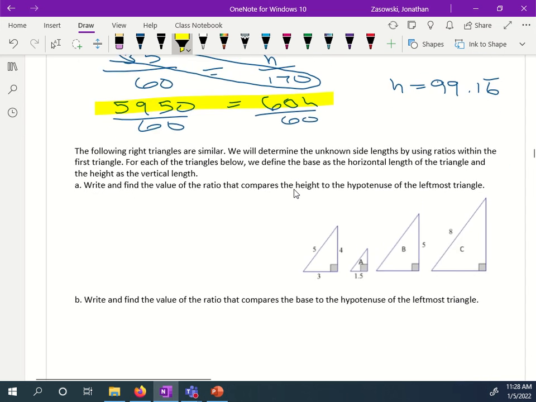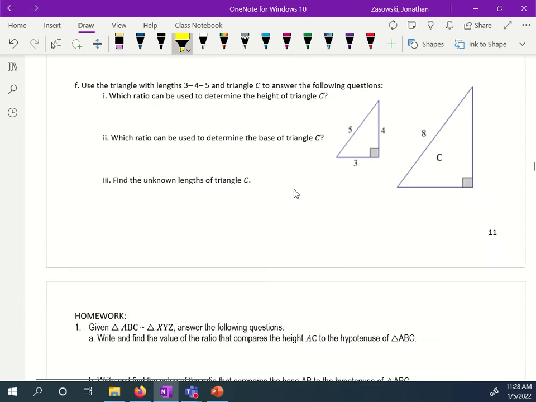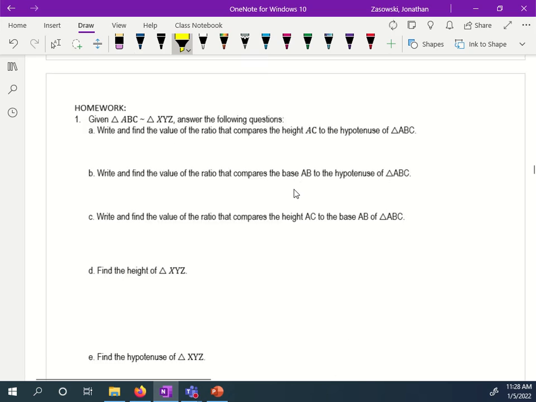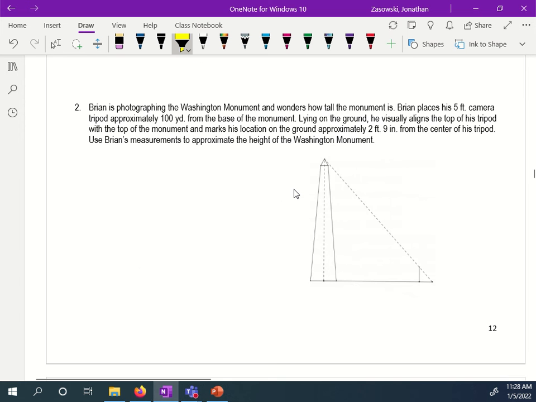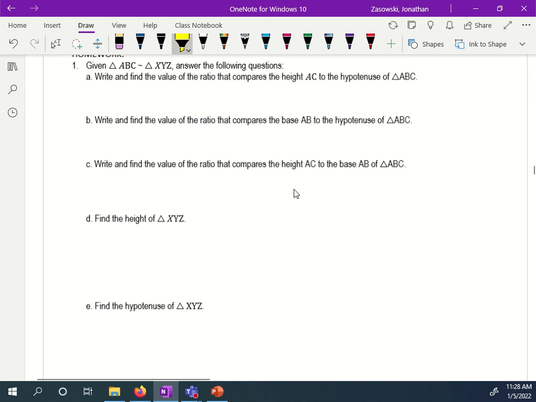So for homework tonight, on page 12, you guys are doing number 1 and 2. For number 1, I need to give you the triangles because they did not get put on here. So draw yourself 2 right triangles here.